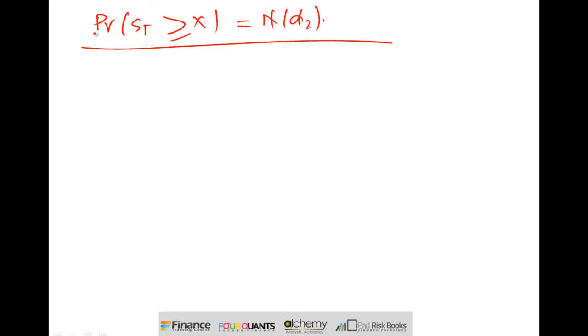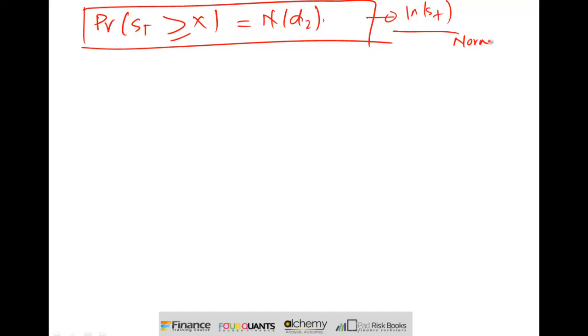So now that we've set the context, what we're really looking at is the probability that ST is greater than or equal to X, right? And we denote this probability by N of d2. And how do we calculate N of d2? Remember, what is the distribution that we're looking at? We're looking at the distribution of ln ST, which is normally distributed.